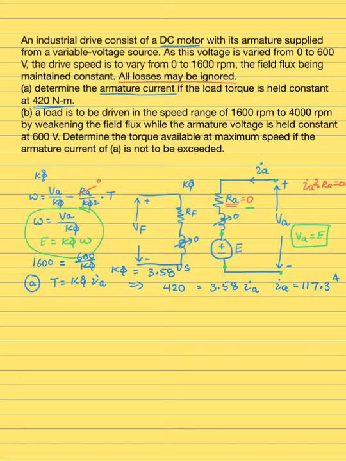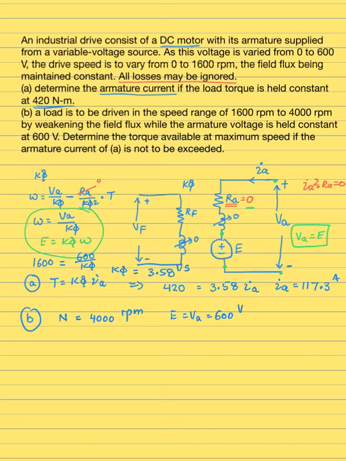Second part of the question, part B, is looking for a speed of the machine of 4000 RPM, and the armature voltage, E, or same as VA, is limited to 600 volt maximum value, and we're looking at the field weakening method. Now everybody should be clear about the field weakening method.